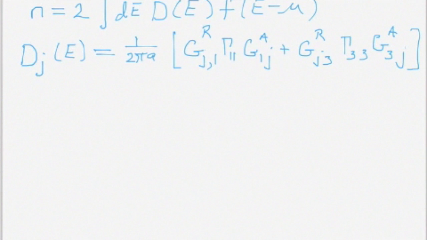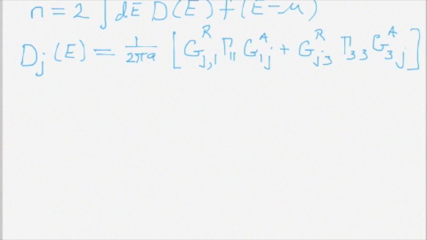So if we were just doing our ideal wire, not counting the atomic variation, but with no potential variation across the device, every site at the same potential, then this is just your 1D density of states.